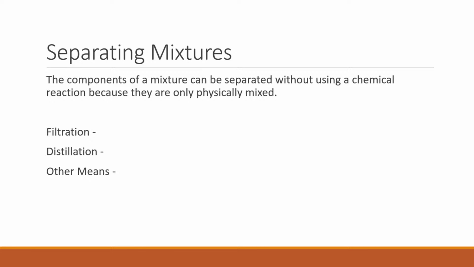I can undo the mixing that I did because these substances are only physically mixed together. There is no chemical reaction happening. You mix them together physically, you can unmix them physically. And there are a couple of different ways that this can happen.